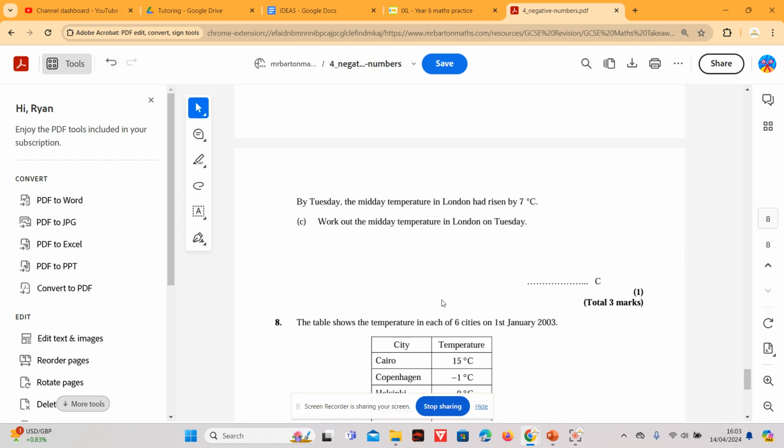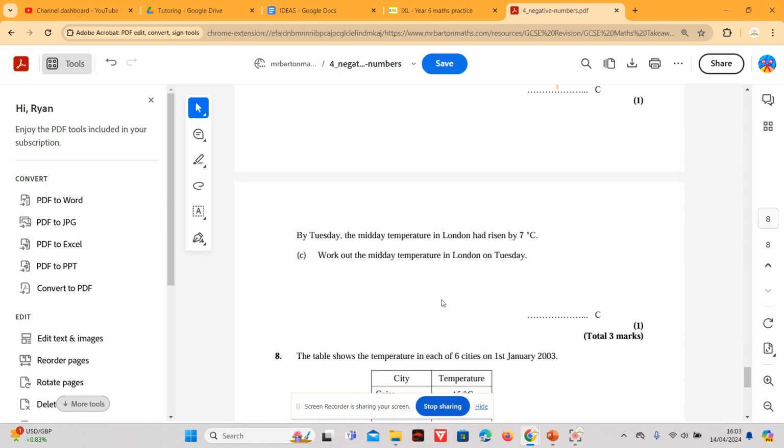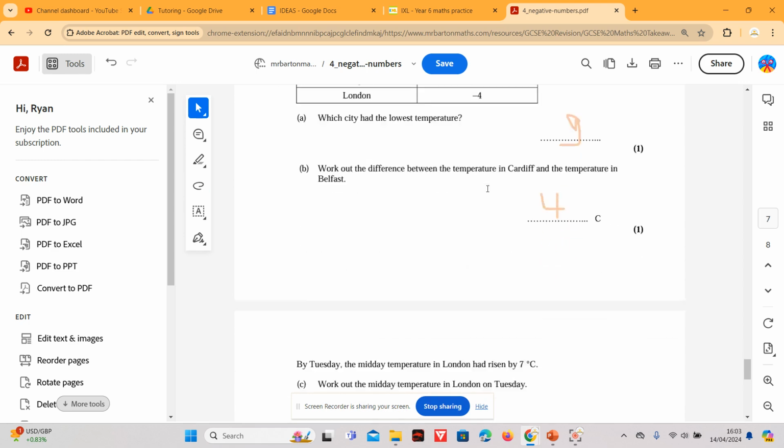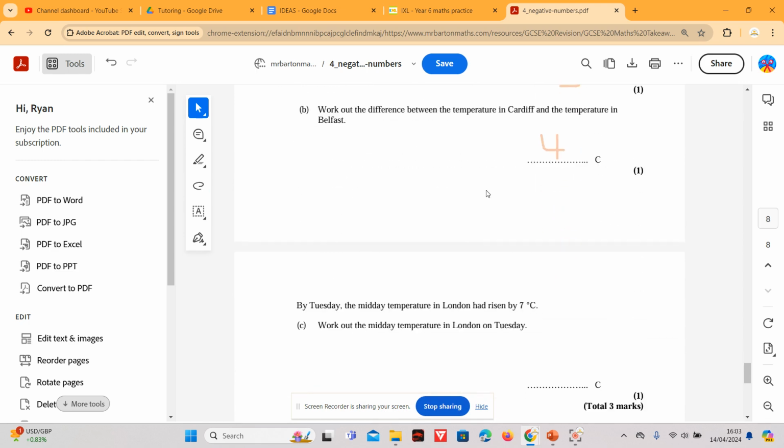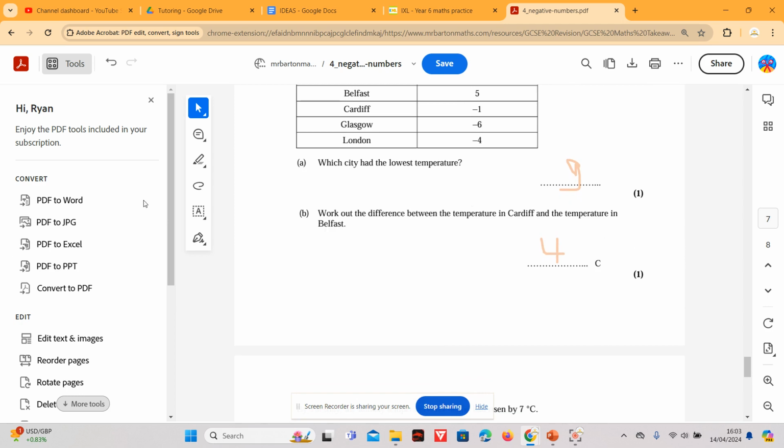By Tuesday midday, the midday temperature in London has risen by 7 degrees. So this has gone up by 7. Work out the midday temperature in London. Again, we can do a number line. We can start with -4. And then I'm going to write some more numbers down.